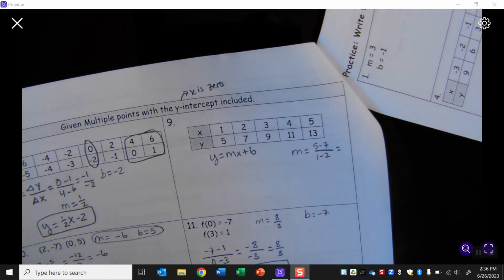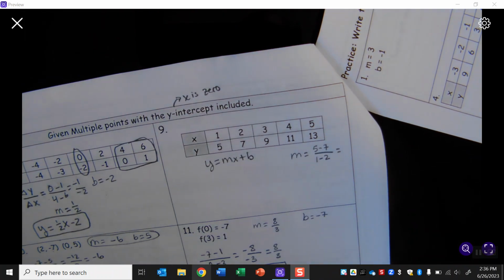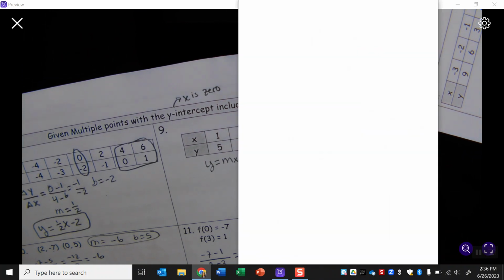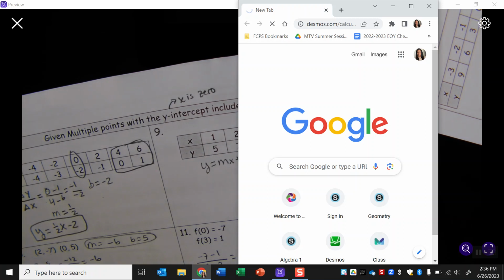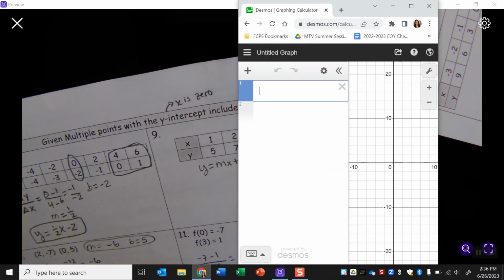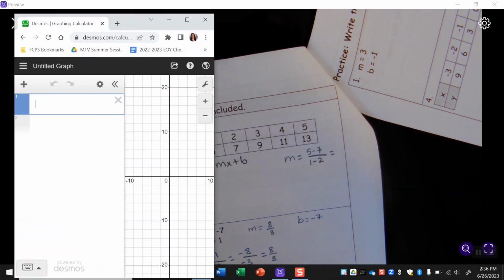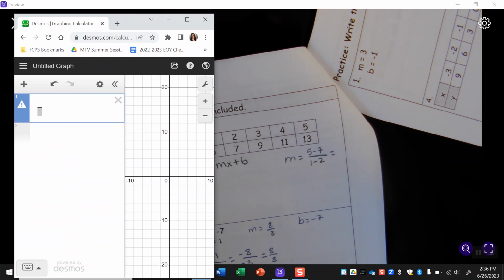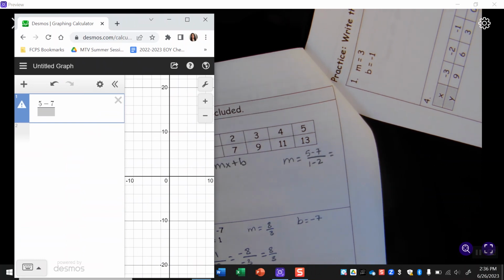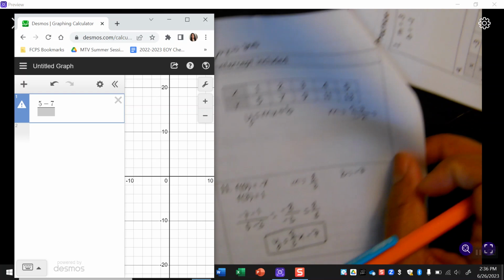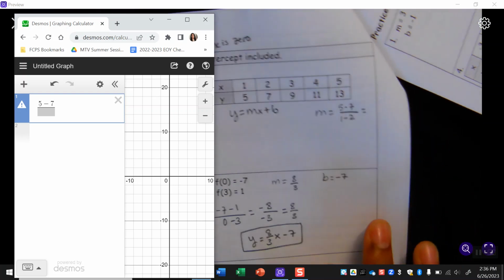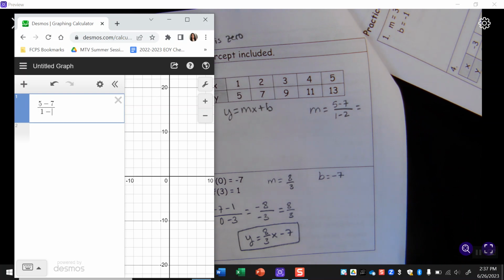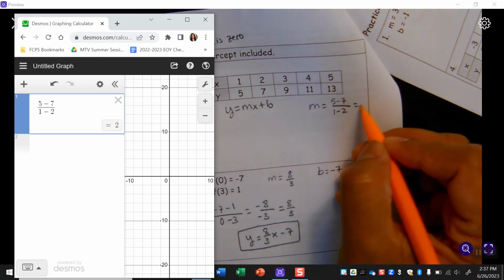So here, let's do this a little easier. Let's go ahead and take the help of Desmos. So here, I'm going to go ahead and put the slope in, change in y, so 5 minus 7. You can pick any of the points, really, over 1 minus 2, which is equal to 2.